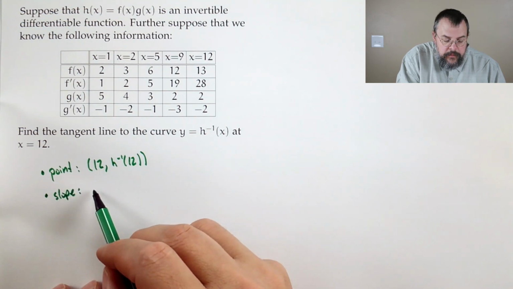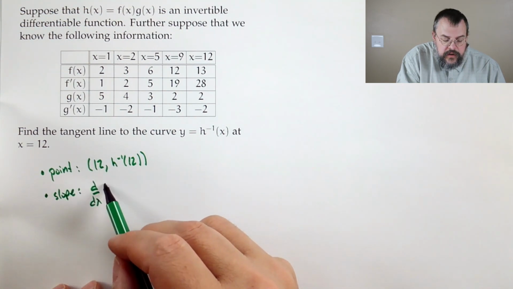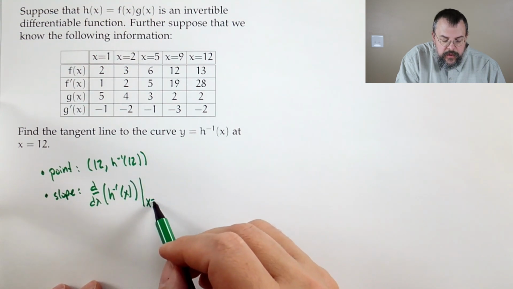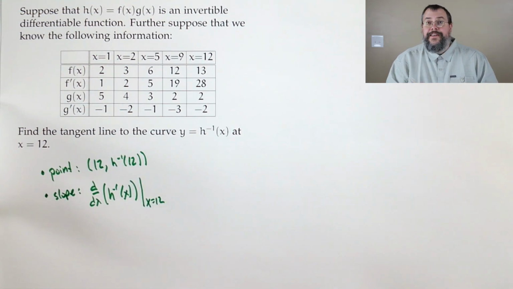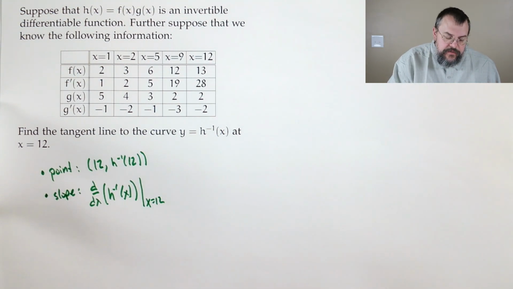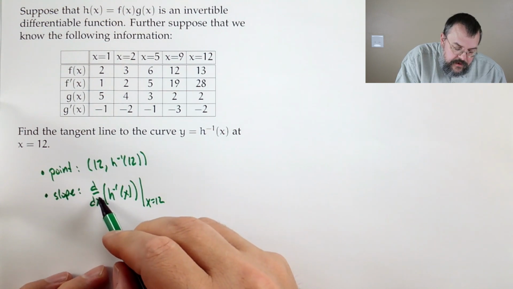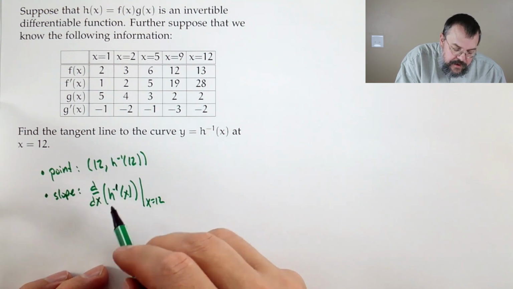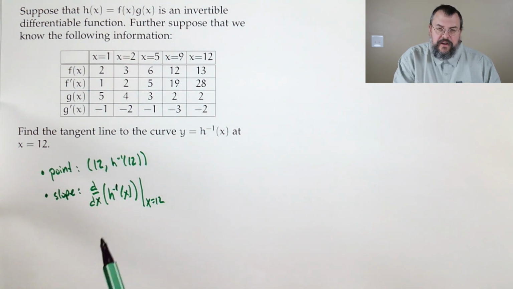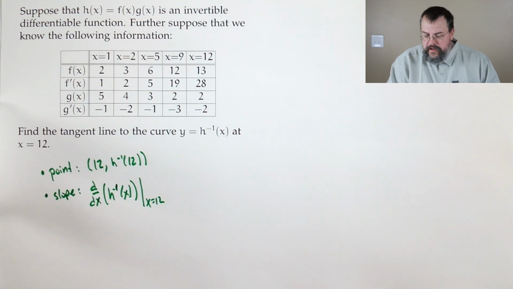Well, that would be the derivative of h inverse of x evaluated at 12. I will say it's kind of tricky to write the derivative of h inverse because sometimes the prime looks a lot like a 1, so it can be a little bit confusing. So this is a way for us to say the derivative at 12.